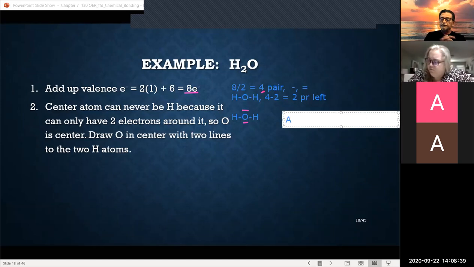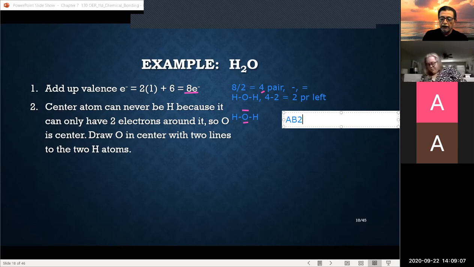A represents the central atom, which is oxygen, right? B represents whatever's bonded to the central atom. Well, how many atoms are bonded to the central atom? How many? You can tell me. How many atoms are bonded to the central oxygen? 2. Exactly, 2. So it's AB subscript 2.